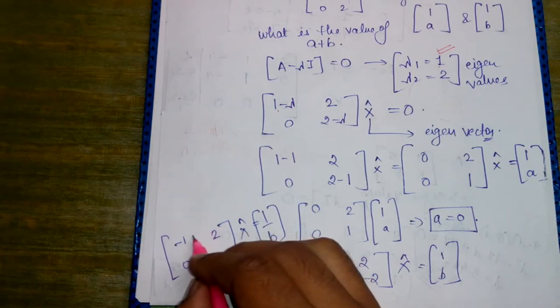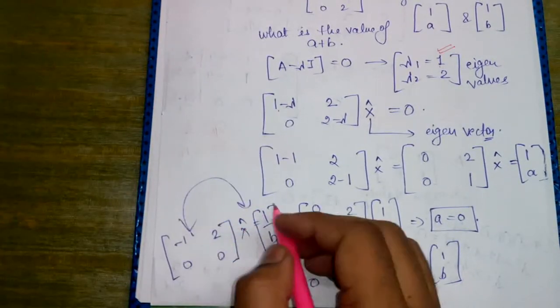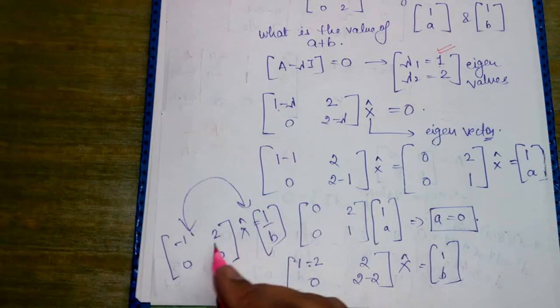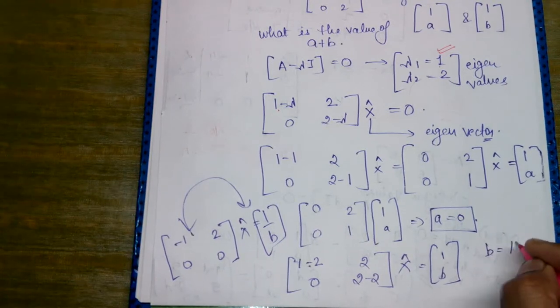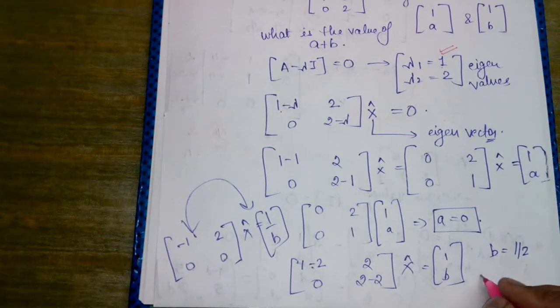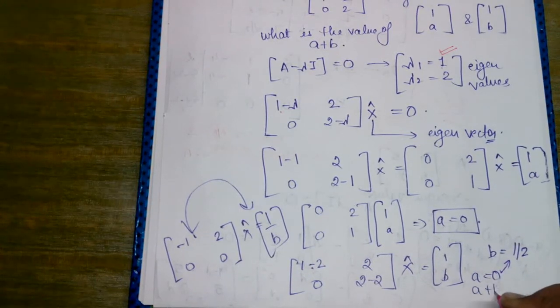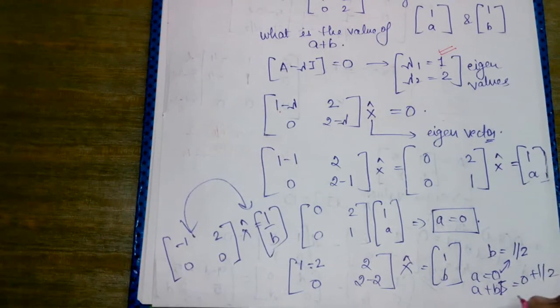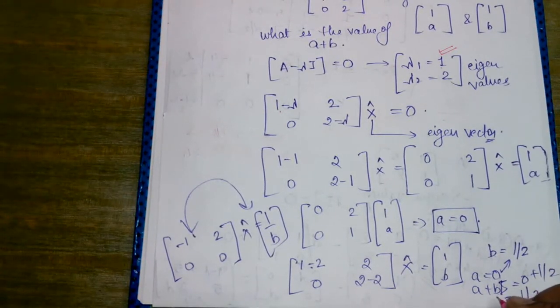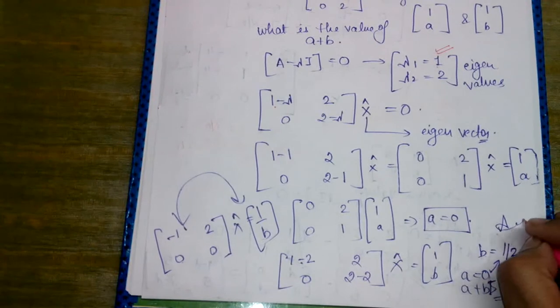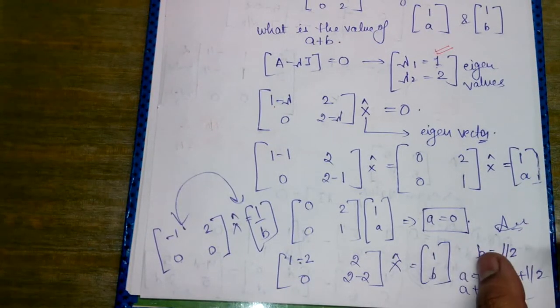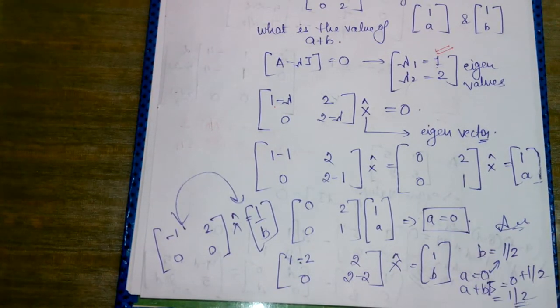So we will multiply this by this matrix and find that b is coming out to be 1 by 2. So a was 0, b is 1 by 2. So a plus b would simply come out to be 0 plus 1 by 2, and that is 1 by 2. So the answer for this question becomes 1 by 2.